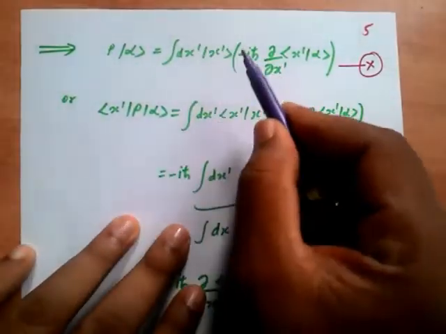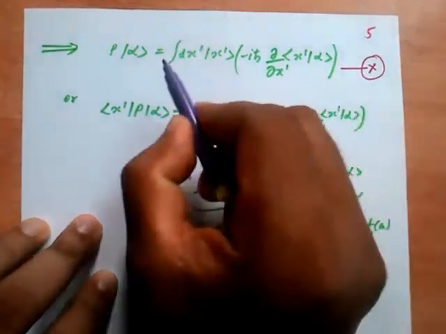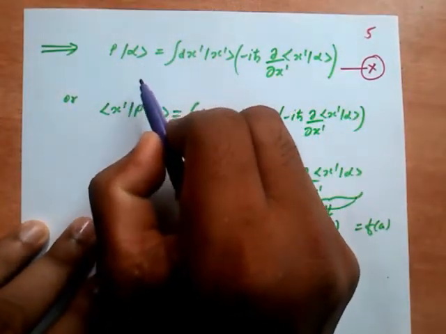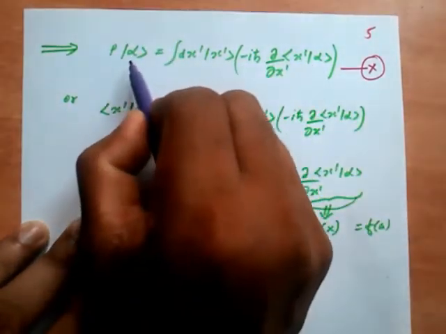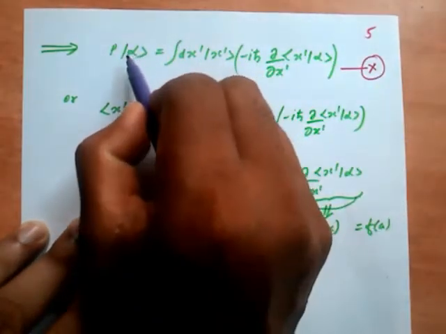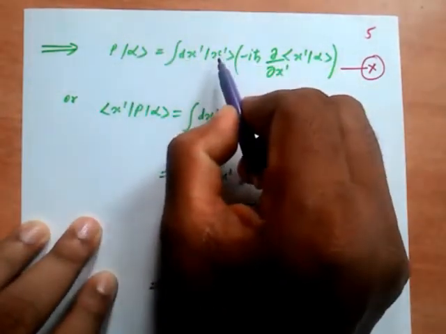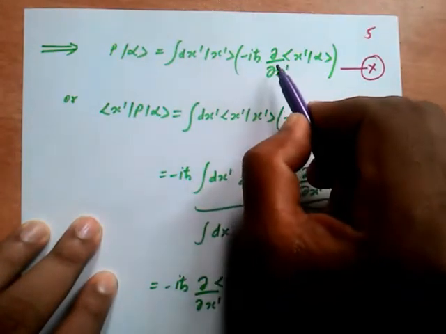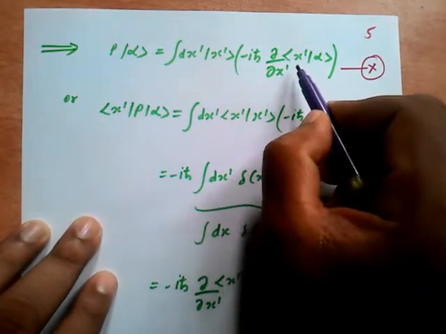So this implies P ket alpha equal to integral dx dash x dash minus i h cross dou by dou x dash alpha.